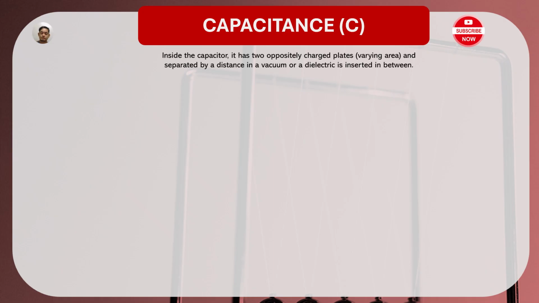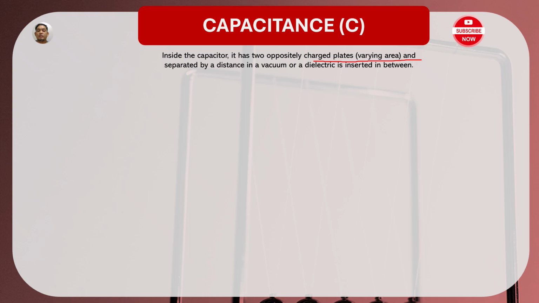Okay, and next problem. Another problem, if we look at what's inside the capacitor: it has two oppositely charged plates. I will be showing it to you later. And varying area, it could be a circle or square or triangle.